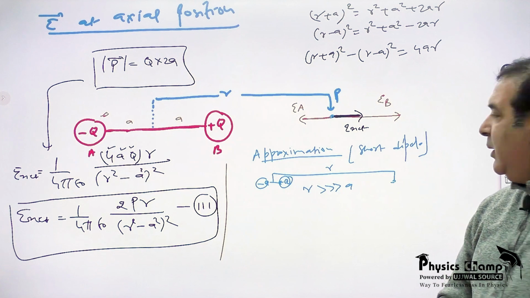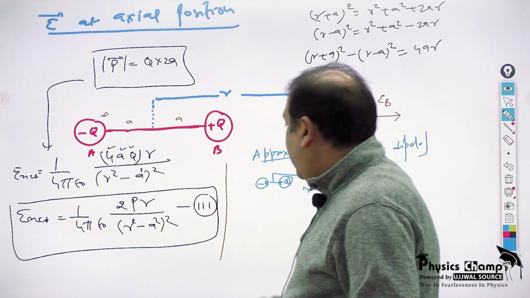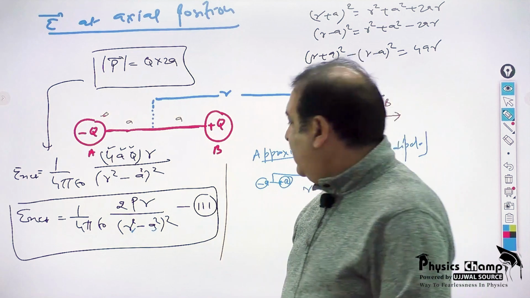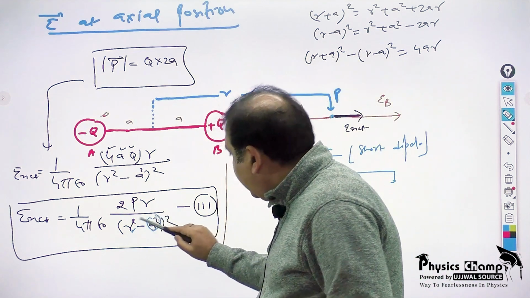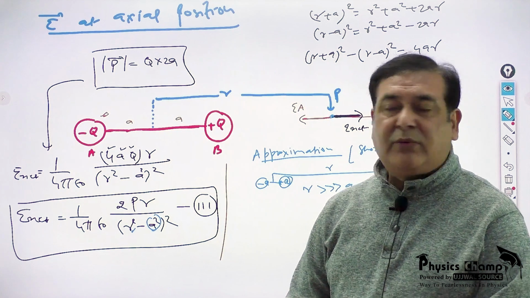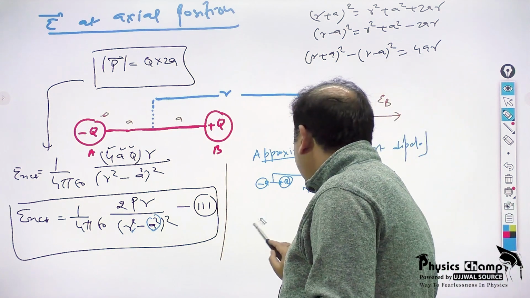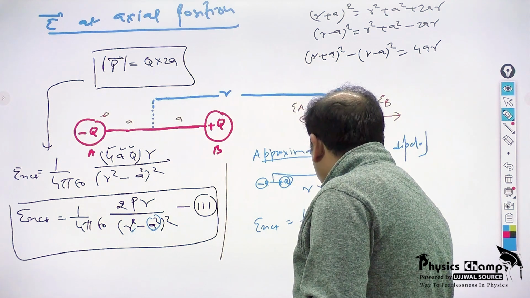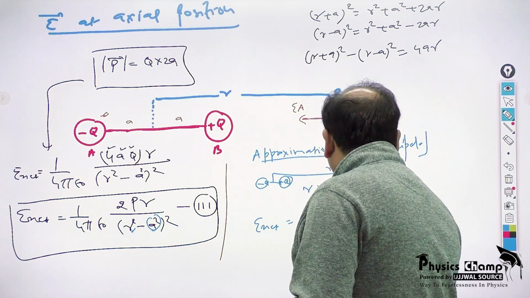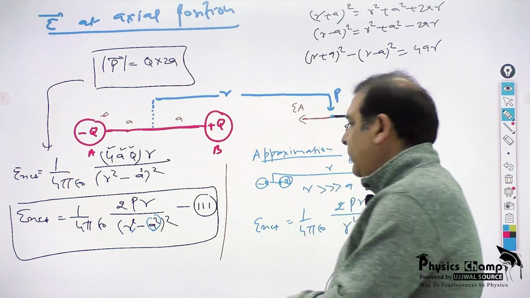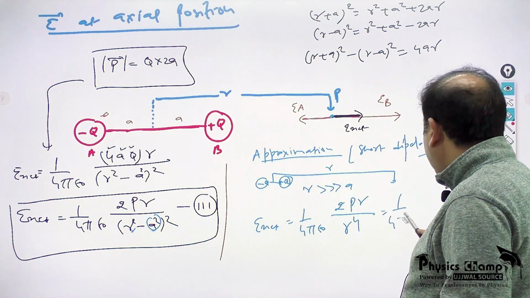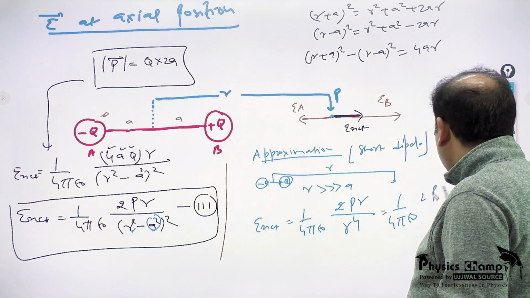So if I consider R to be very large as compared to A, then A square becomes negligible in comparison to R square. So here the net electric field can be written as 1 by 4 pi epsilon naught 2PR by R to the power 4, or it is 1 by 4 pi epsilon naught 2p by R cube.